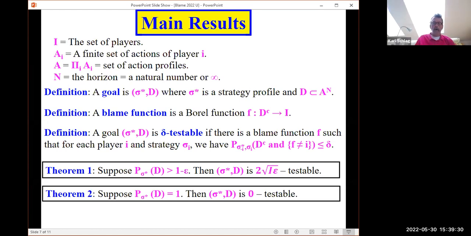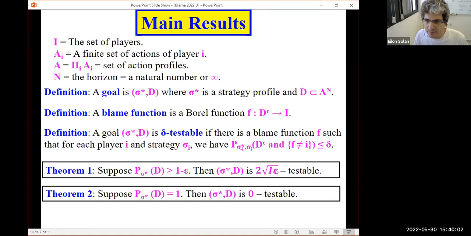I have a question. How well can you test things? Because I can test also anything if epsilon is 1. The question is the square root of epsilon. How good is that? So if, for example, we have 2 players, right? And suppose that the probability of D is 99%, 0.99.